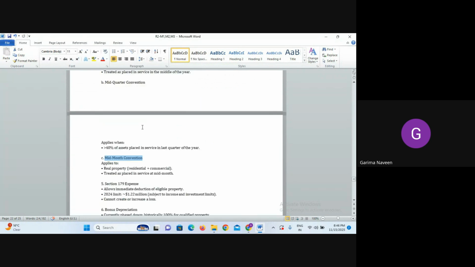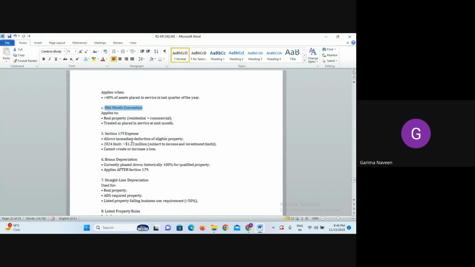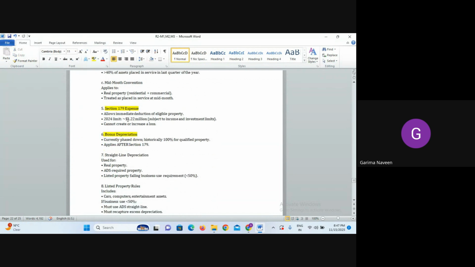For certain business property, we have some special types of expenses called Section 179 expense and bonus depreciation. Section 179 expense allows you to deduct some of the expenses immediately in the first year.